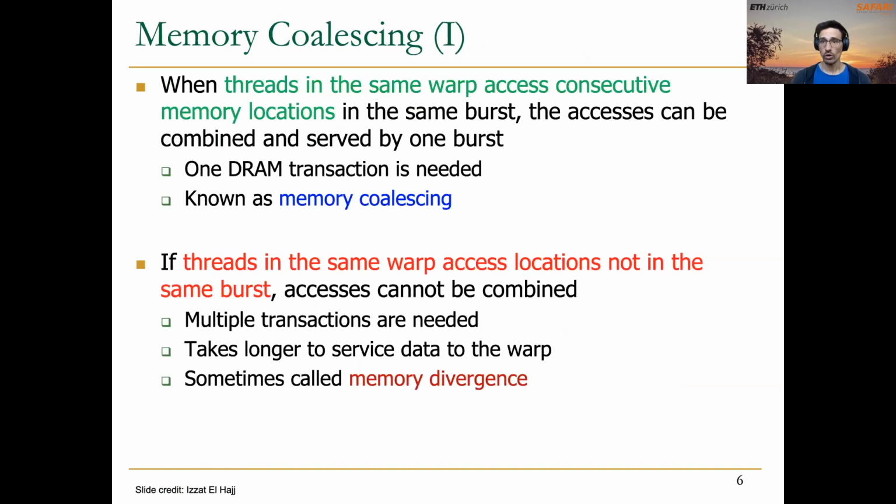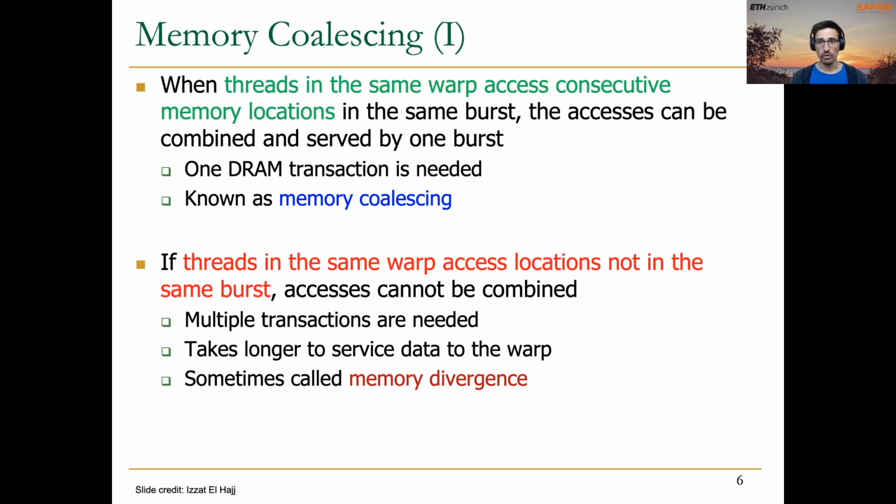Remember as well that in order to have efficient access to the global memory, to the off-chip memory, it's important to try to coalesce the memory accesses. That essentially means that threads that are executed together access memory locations that are nearby. And if these memory locations are nearby, they will be in the same DRAM burst and they will be served at the same time.